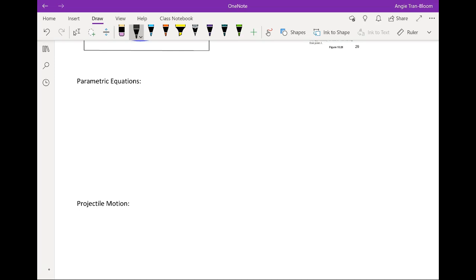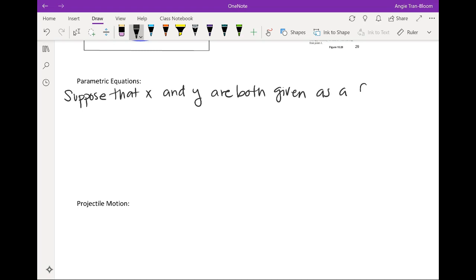Parametric equations, guys, it's just another way for us to graph things out. Okay, so suppose that x and y are both given as a function of a third variable called t.